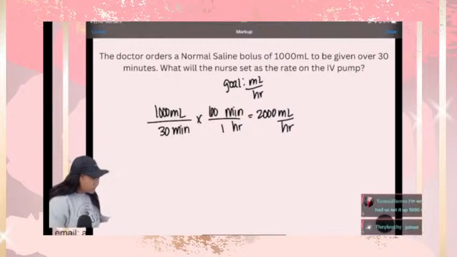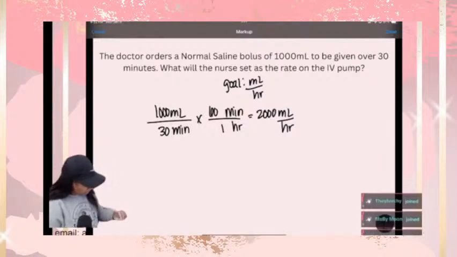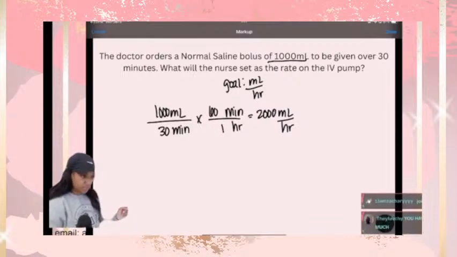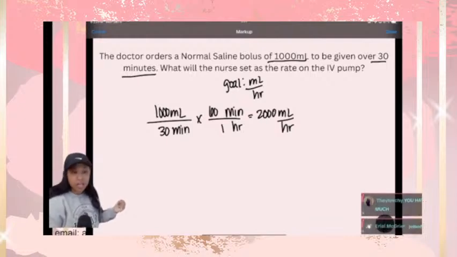I'm wondering why they had us set up 1,000 over 30 minutes though. Okay, because this says that we want to give 1,000 milliliters over the course of 30 minutes. So that's how fast they want it to go in. So this is more than likely a bolus. When your patient has a really low blood pressure and you need to get it up quick, you're going to do a bolus.